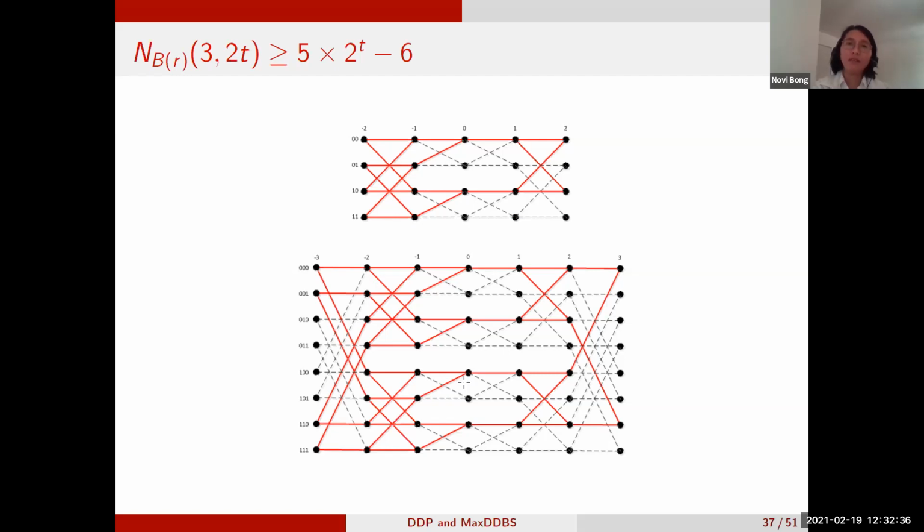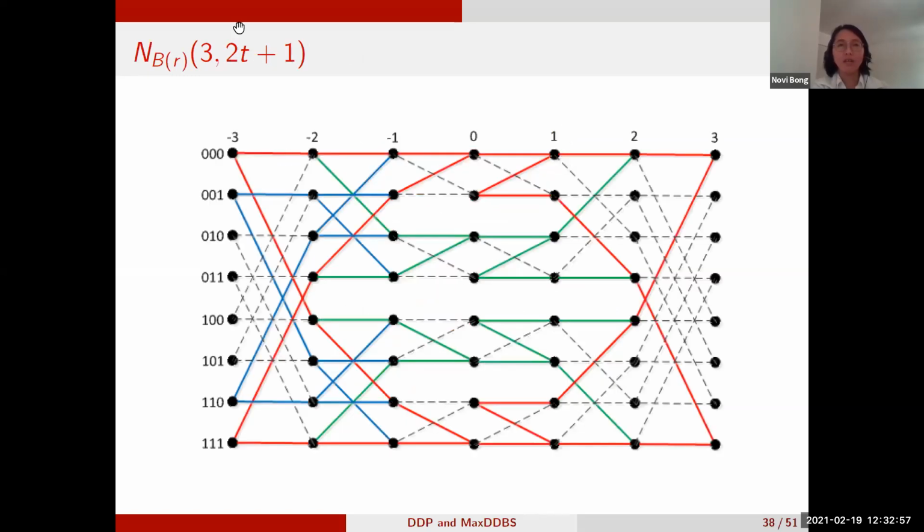When we first constructed this, sometimes we needed a certain intuition. We had a feeling that it has to be this big, and then we tried to think how it's possible to have that many vertices in our graph. And for certain cases, for the odd diameter, we constructed it with an algorithm.